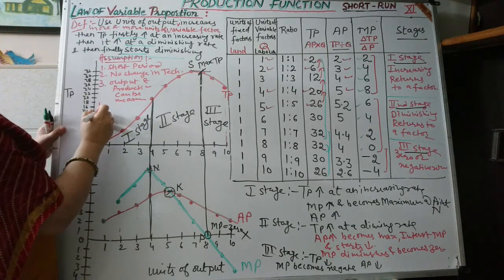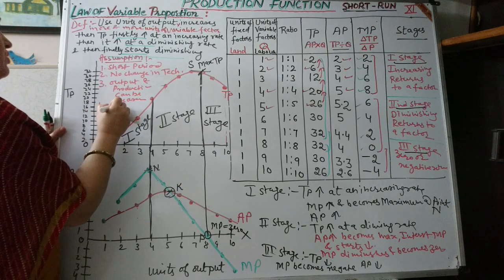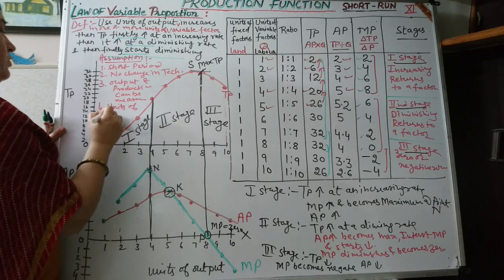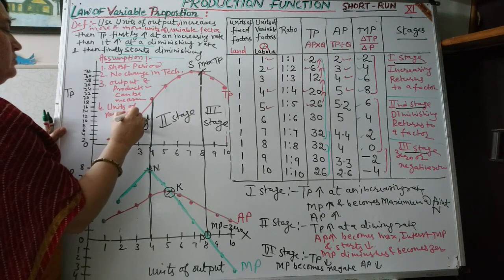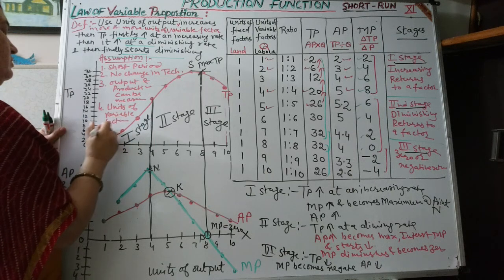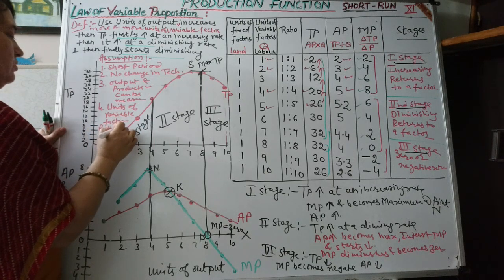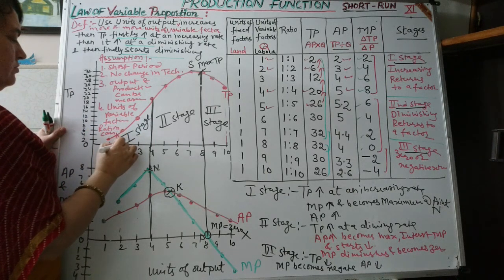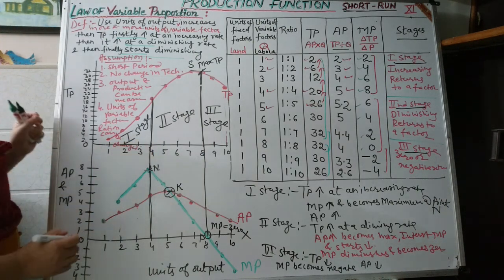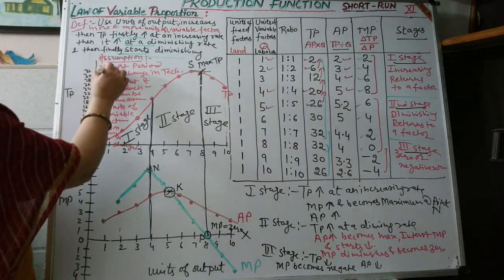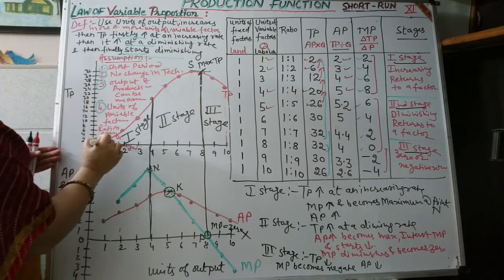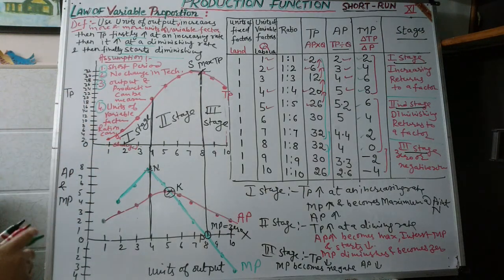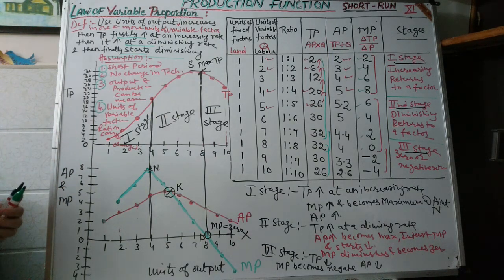Number 4, units of variable factor or ratio can be changed. So these are some assumptions on which this law is based. If these assumptions are not fulfilled, then the law will fail. So we must follow these assumptions if we want to study the law of variable proportion.